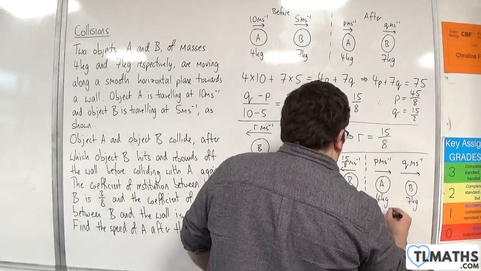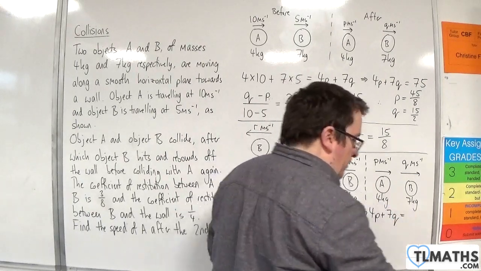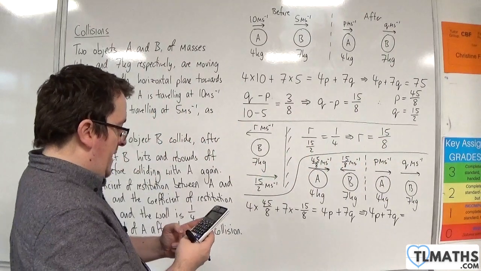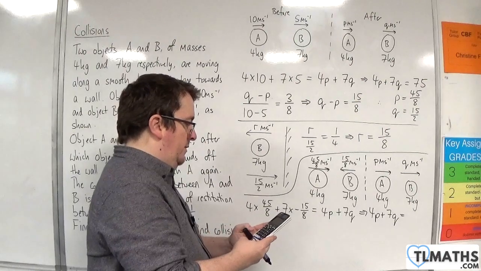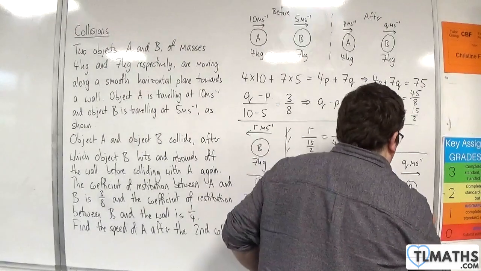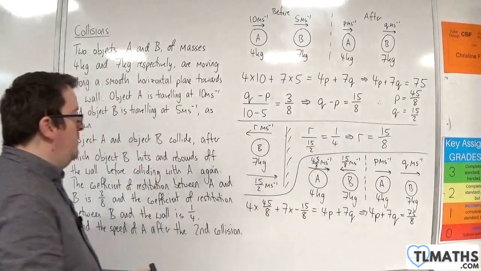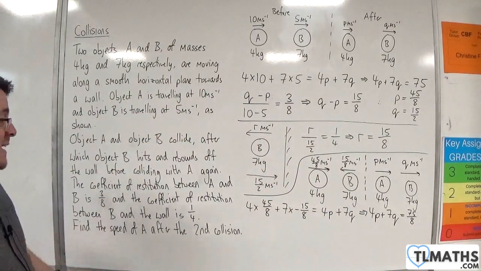So 4P plus 7Q will be equal to 4 times 45 over 8, take away 7 times 15 over 8. And that's 75 over 8. Now the coefficient of restitution between A and B was 3/8.